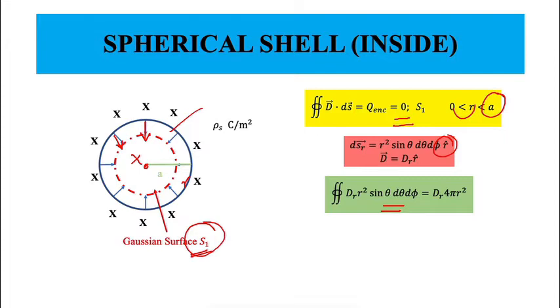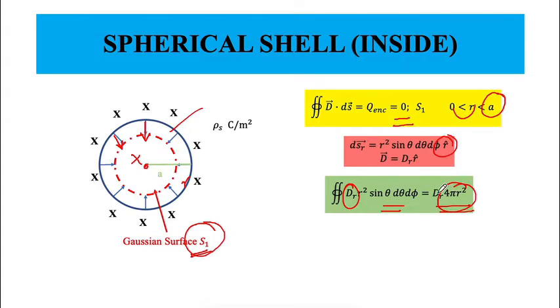So Dr will be essentially constant over the surface and can be taken out of the integral, and the remaining portion of the integral will simply be the surface area 4 pi r squared. So I have a constant Dr over the surface that is multiplied by the surface area of the sphere S1, which is 4 pi r squared.